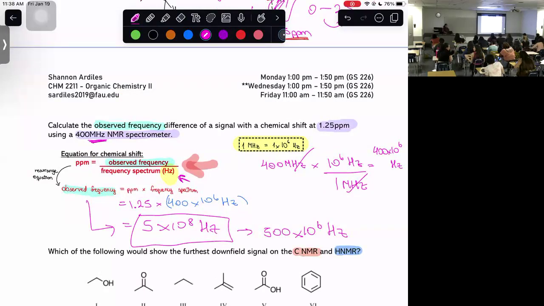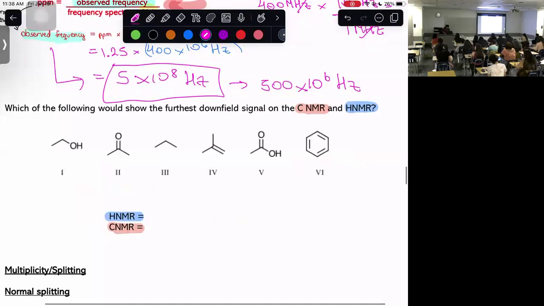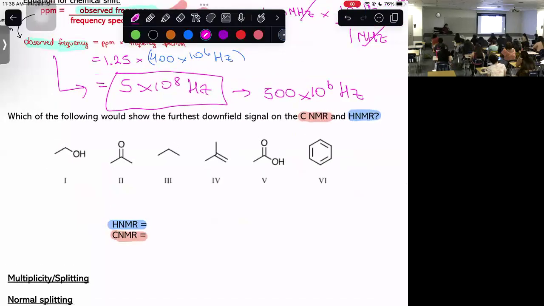We're pretty good. Now, this is the next thing that you have to remember. The first thing that is going to be on your list to memorize is the chemical shift equation. Now, this one, I'm going to give you 5 minutes to try and figure out the ranking.